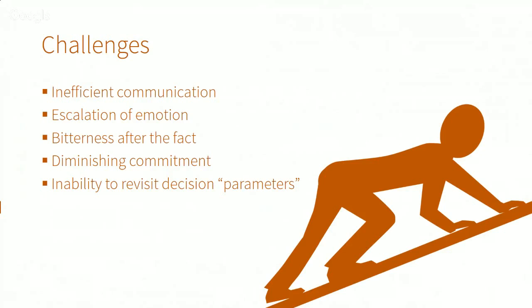So if the person who has the most patience or screams the loudest in the meeting kind of wins the conversation, in other words, gets their way, it can cause bitterness after the fact, and that can be very hard to overcome later. And what that results in is diminishing commitment. People feel like their voice wasn't heard, that maybe an unfair decision was made.